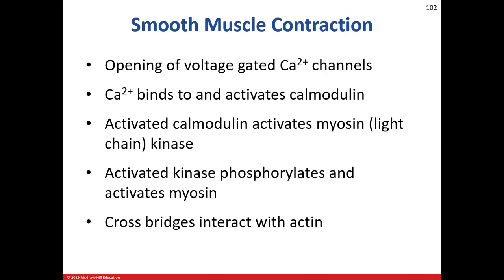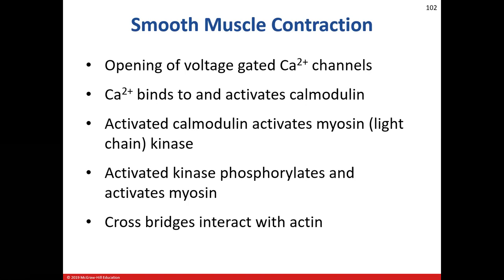And this particular enzyme is responsible for phosphorylating and activating the myosin by taking a phosphate group from ATP, pulling it off, adding it to the myosin molecule, and then leaving ADP. This allows the myosin to become activated and now allows us to form the cross bridge with actin.